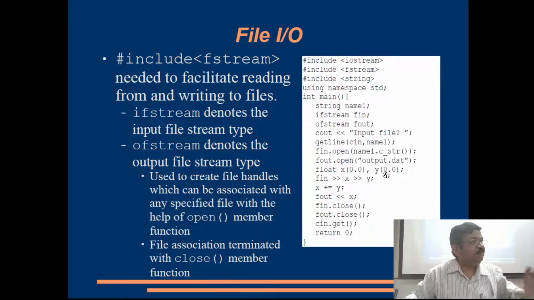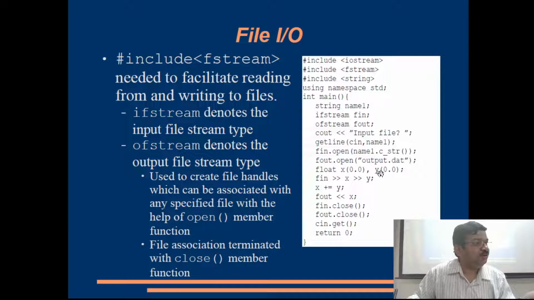So if I want the output to be written onto file output.dat, then I need to make that association explicit by saying fout.open, and then it will take the argument, the name of the file.